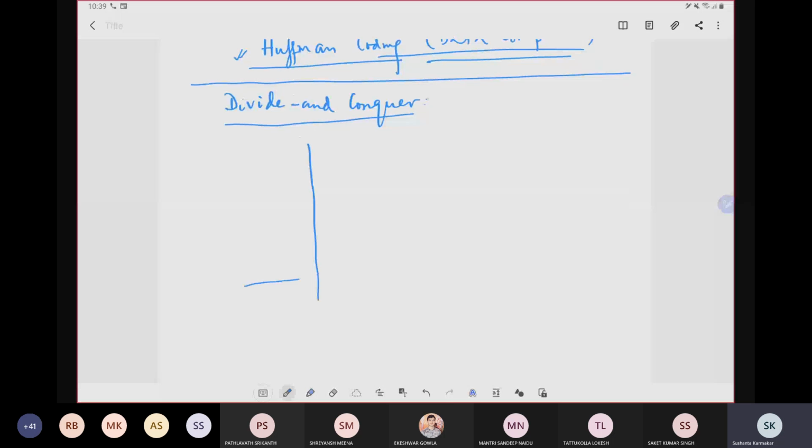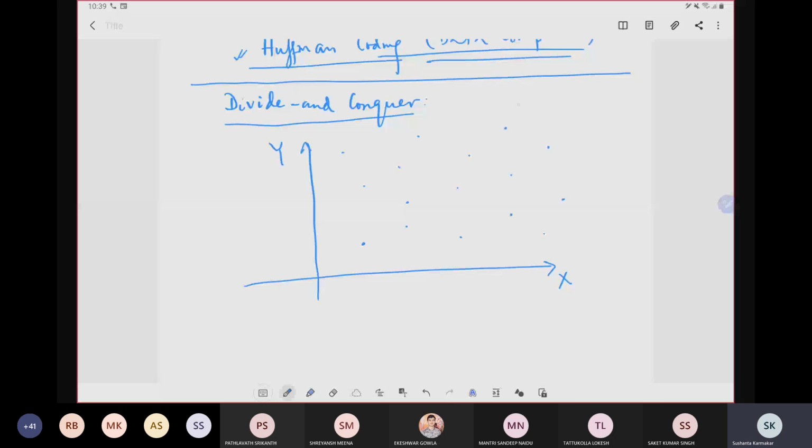Let's say we have an xy plane, and in that plane we have these points, many multiple points. Everybody has a coordinate, like xi, yi.